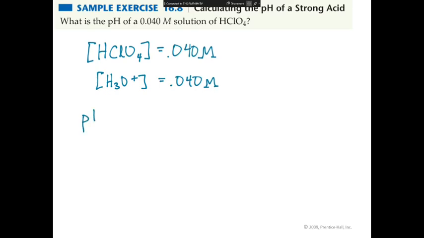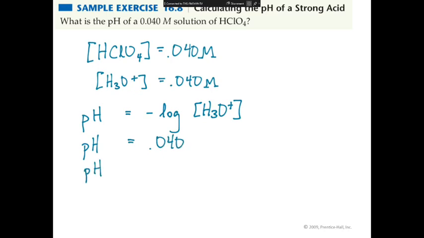Then we're ready for our pH equation. pH is the negative log of the H3O plus. pH is negative log of 0.040, and it's about 1.4.